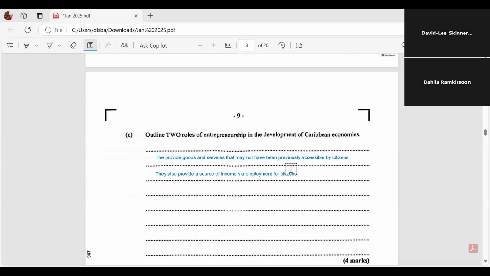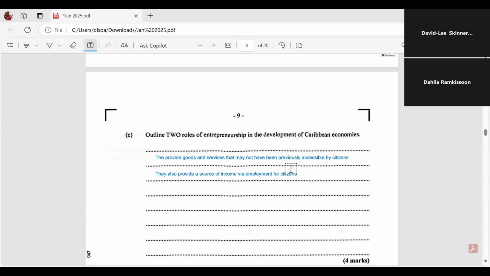They can also help develop the infrastructure in the Caribbean or encourage the government to develop the infrastructure around the places where there's a large amount of businesses. They can also invest into various parts of society. There's something called corporate social responsibility, where businesses who benefit from society tend to feel that they should give back to that society.